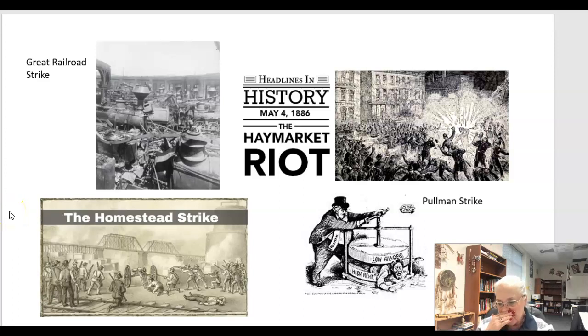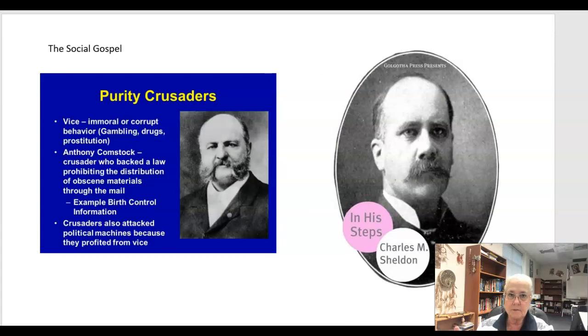Now, you also have got a reform movement going on, trying to clean some of this up. Some of your earliest reformers are going to be your purity crusaders. These are ones that are going to go against immoral behavior, prostitution, gambling, all those different kinds of things.